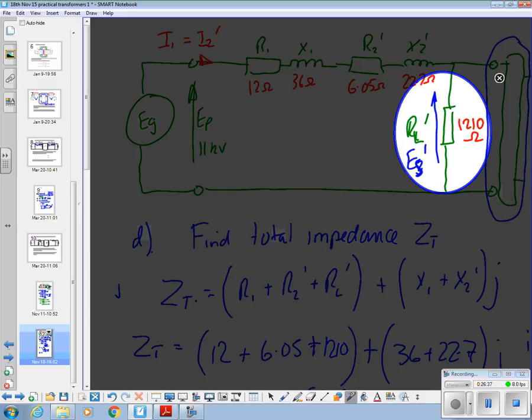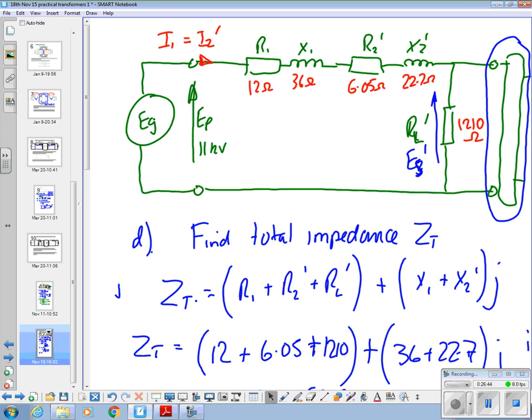Because we're delivering a certain apparent power to these two terminals that will be the current times that voltage, but some of that apparent power has been lost in these four components at the top here, isn't it?